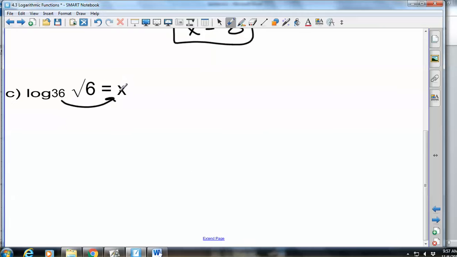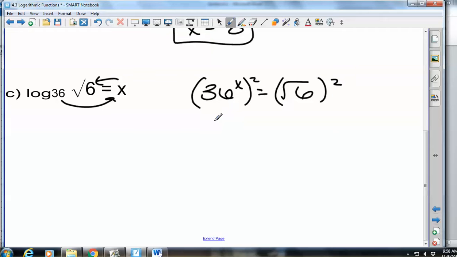Last one. You get 36 to the x power equals the square root of 6. How do you solve that? You could square each side if you want to get rid of the radical. That would work. So power to the power you multiply, so you get 36 to the 2x equals 6. Then what? Same base. 36 is 6 squared.